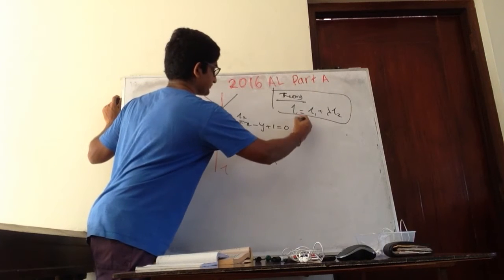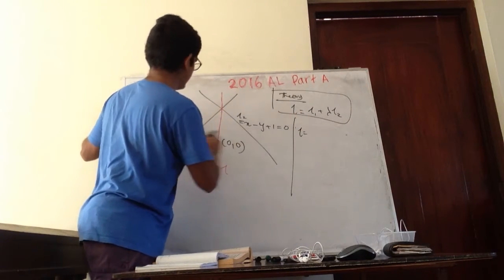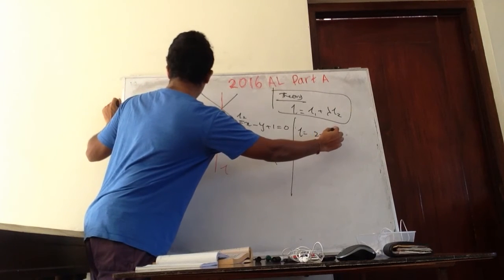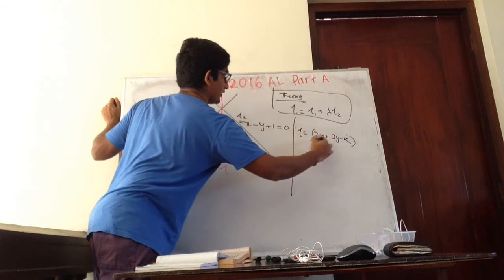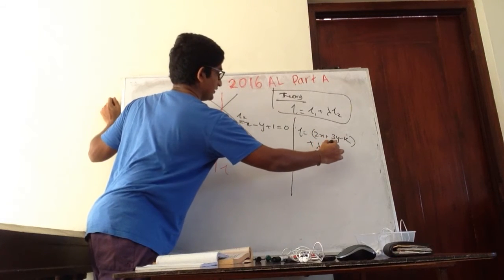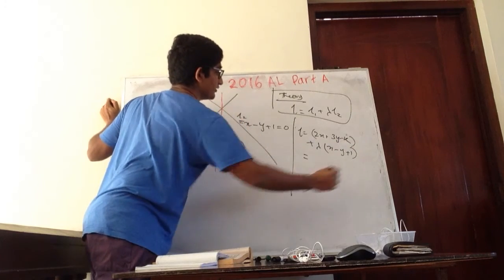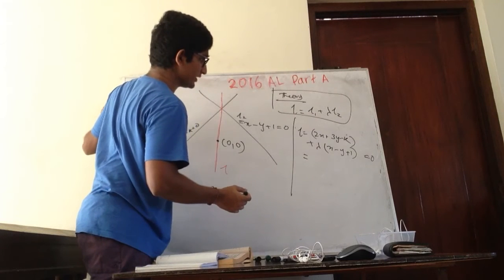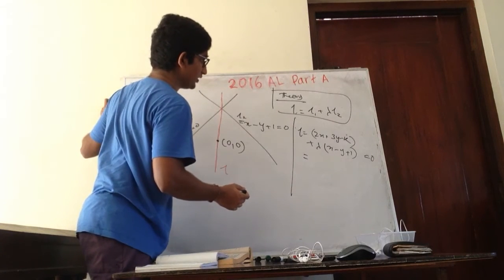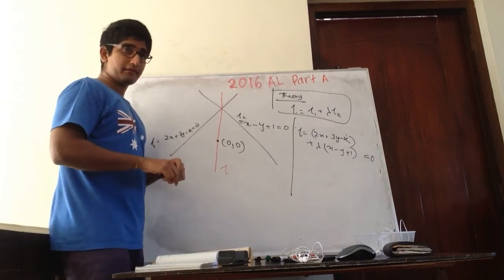So L will be, what is L1? 2x plus 3y minus k plus lambda times x minus y plus 1, equal to 0 is the thing. Now I will get what? So this is the equation, right?